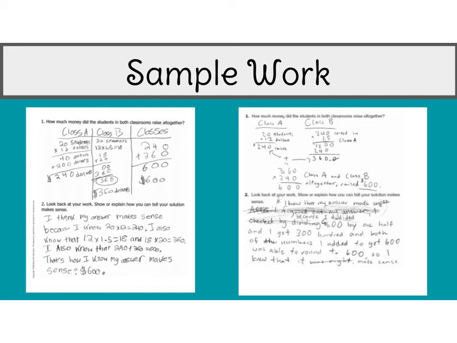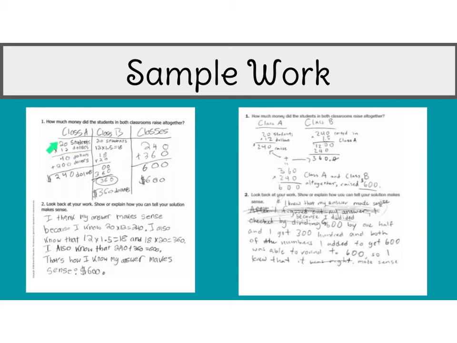Here we have a couple of students that have done this particular problem, 2 different students, in fact. On the left, we'll call this student A, and this will be student B. If we take a look at what this student did, we have Class A, Class B. Looks like they put the classes together, and let's see if we can make sense of what they did here. 20 students times $12. Looks like they multiplied that out, got $240.